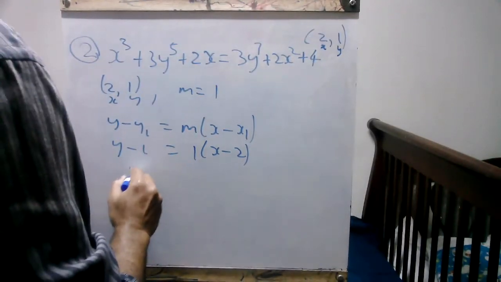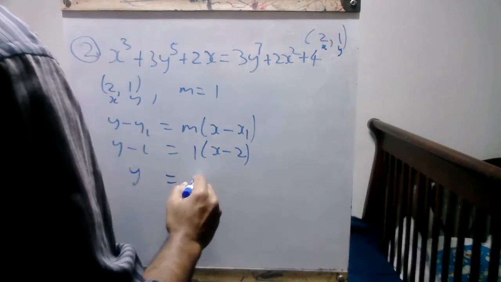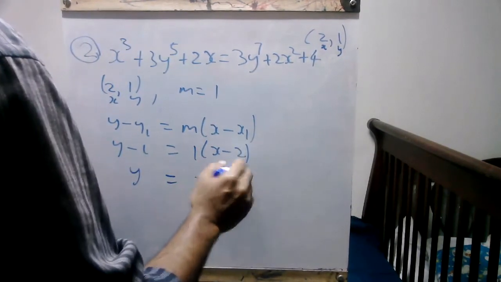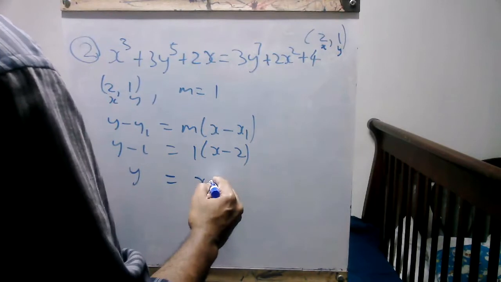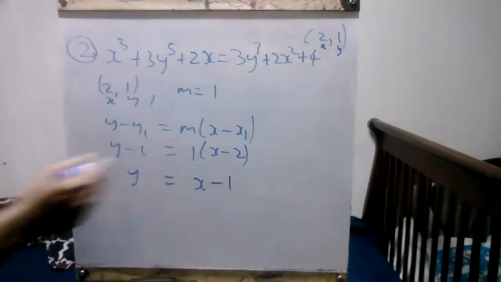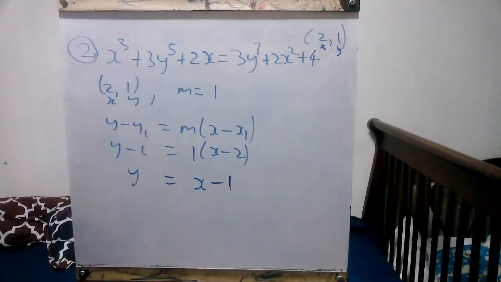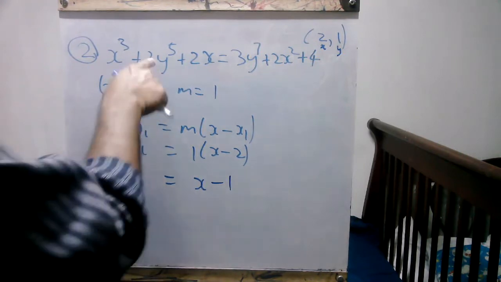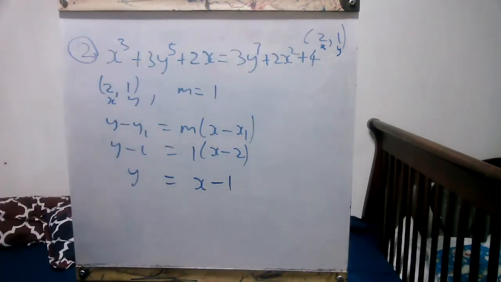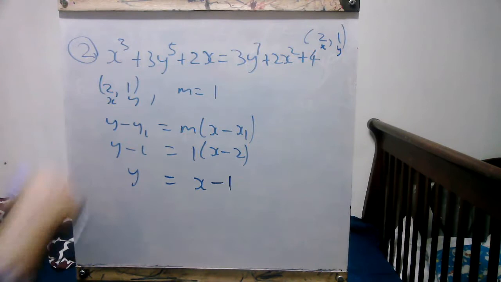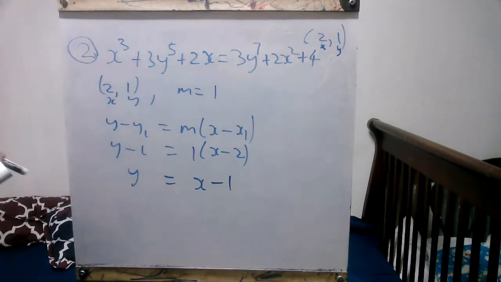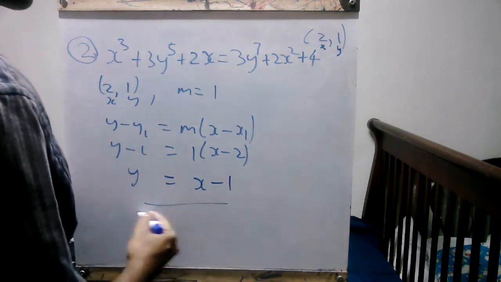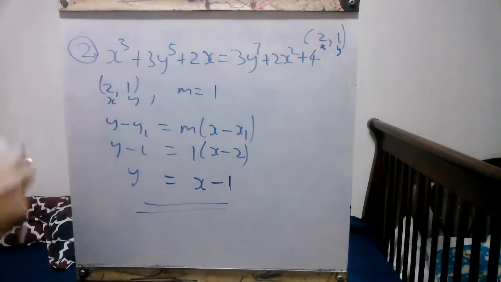So we get y equals x minus 2 plus 1, which is x minus 1. y equals x minus 1 is the tangent line to this curve at (2, 1). Okay, that's the answer.